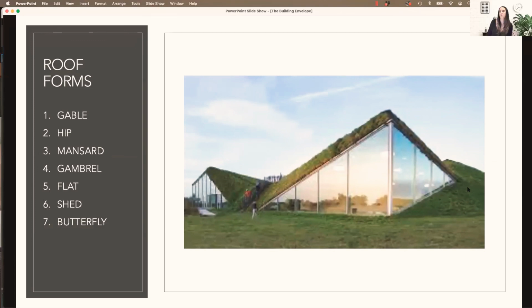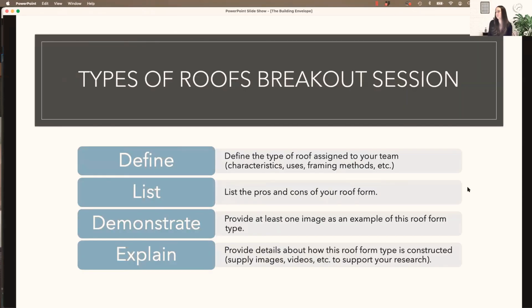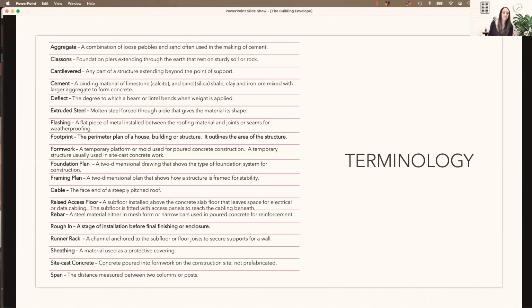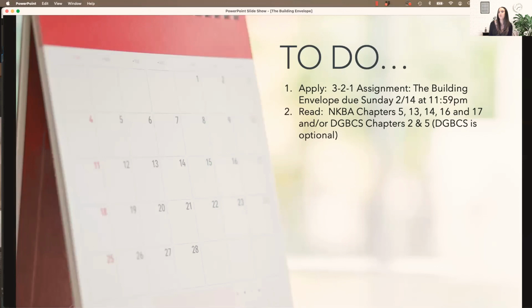Okay, so great, good. That was good exercise and discussion. Thanks for doing that on the fly there and working through Zoom. This is the terminology page for this week, so please feel free to review it. For our assignment this week, we're doing our first 321 assignment, so it's going to be the building envelope.